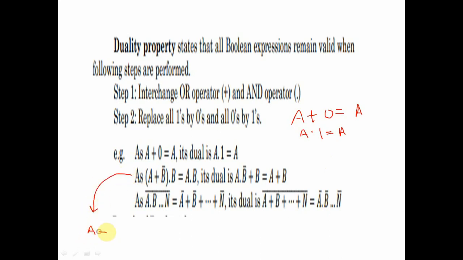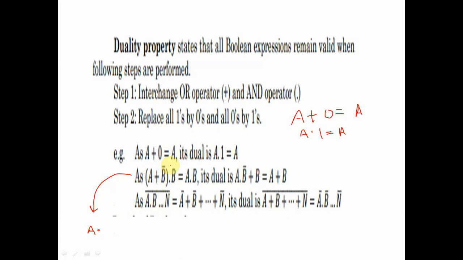The logic variables stay as they are. Here which operation is present? The ANDing operation and the ORing operation are present. This ORing operation is interchanged with the ANDing operation, so instead of addition I take multiplication.